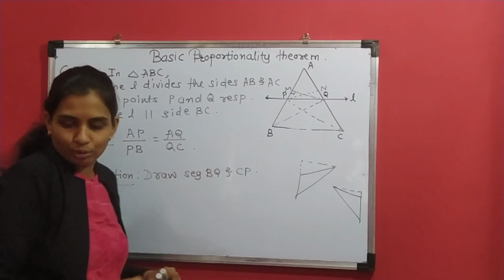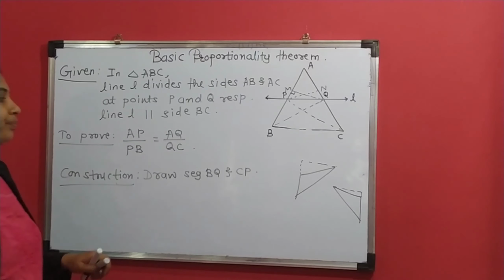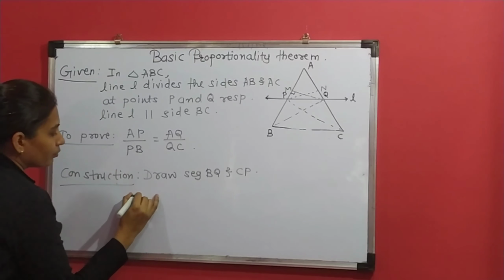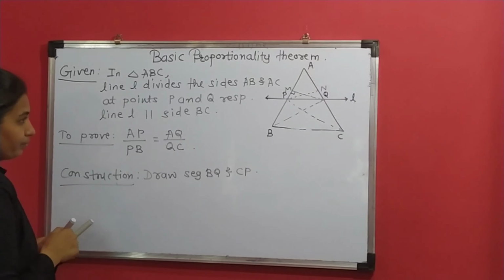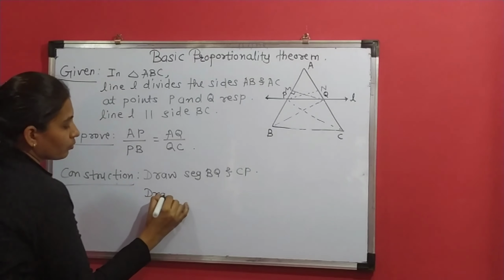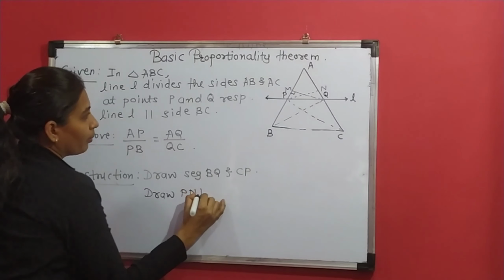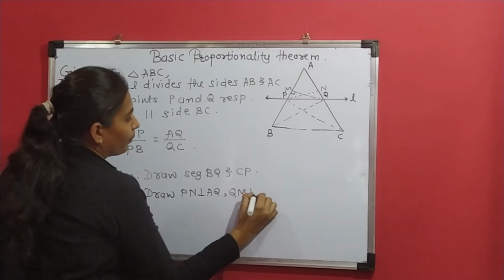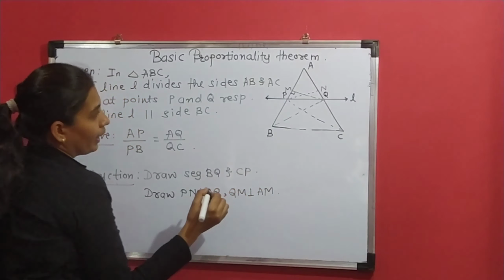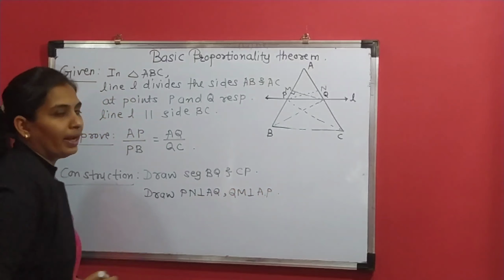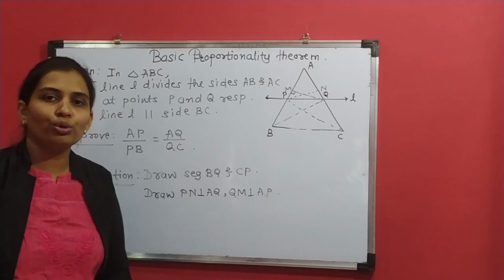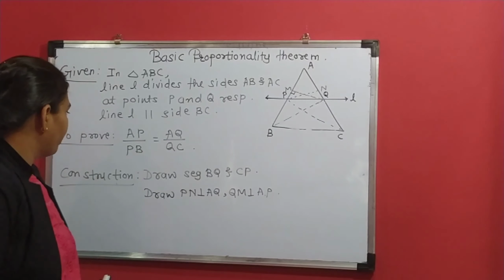So we have to use this property further. So I have drawn PM perpendicular to AQ and QM perpendicular to AP. Now students, these are the given, to prove, and construction.